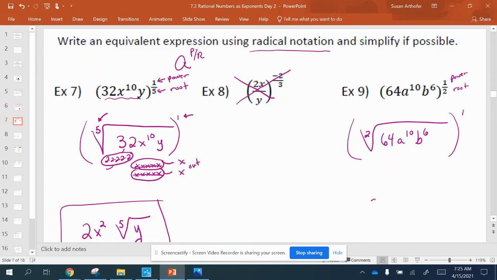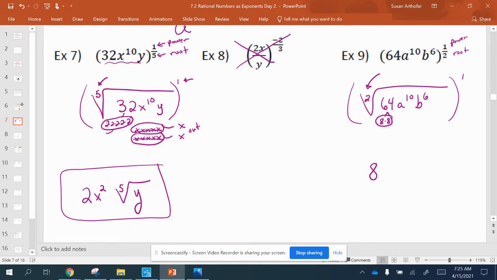So square root of 64 is 8, because 64 is 8 times 8. It takes 2 to get out, and I have 10. So hopefully you know that there's 5 sets in the 10. So I have to write them in sets of 2 to get out. And to write 10 of them takes 5 sets. 2, 4, 6, 8, 10.